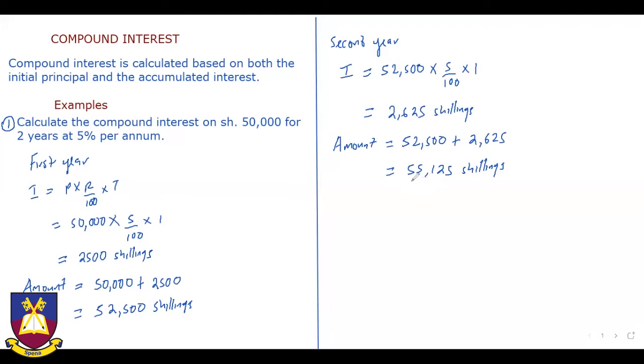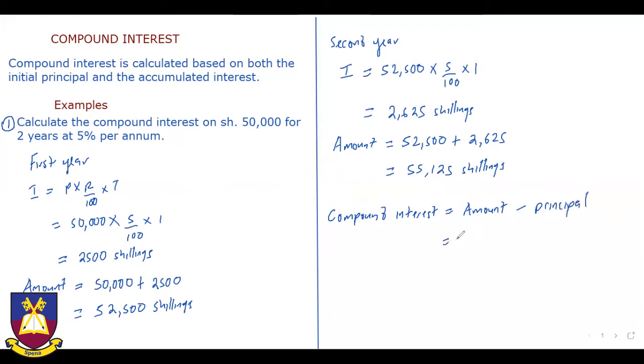But the question doesn't want the amount. The question wants the compound interest. So we need to get compound interest, which is going to be amount minus the principal. Interest is always amount minus the principal.